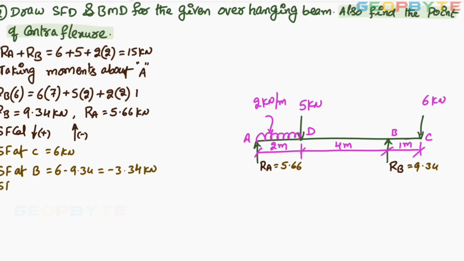Next, SF at D, already minus 3.34 is there. At D it is downward force positive 1.66 kilonewtons.